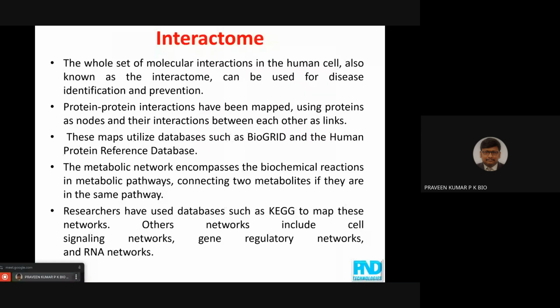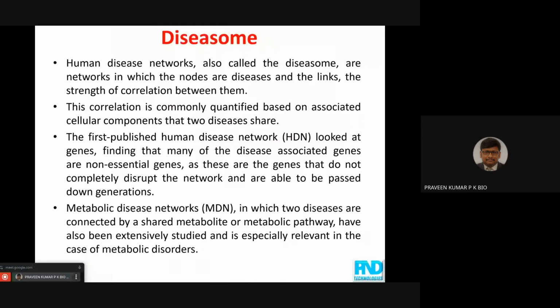Interactome. The name itself implies protein-protein interaction. If you want to check the proteome, we work with protein-protein interaction networks. But in the interactome, we find RNA networks and gene regulatory networks. These are the major things you can find in the interactome.